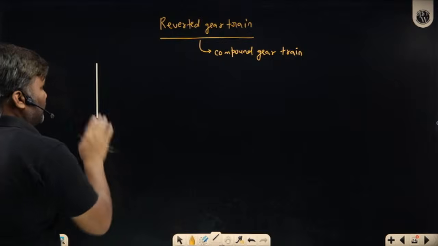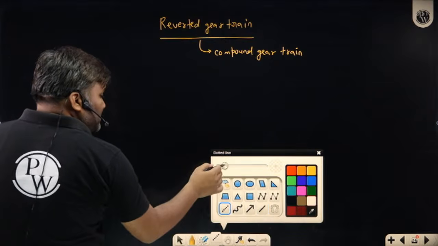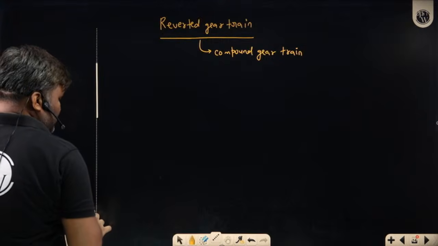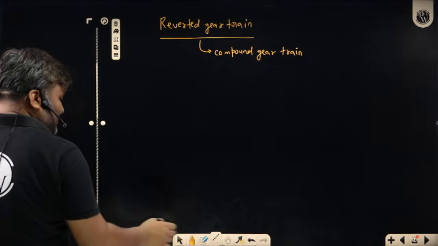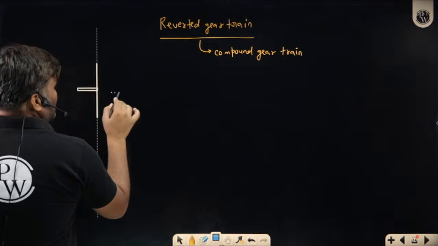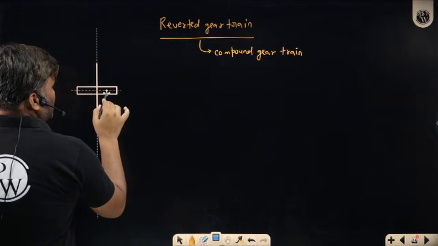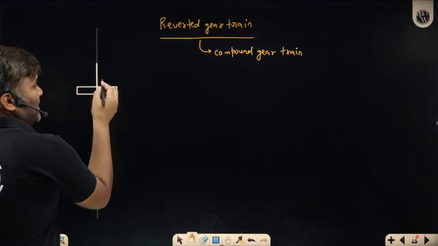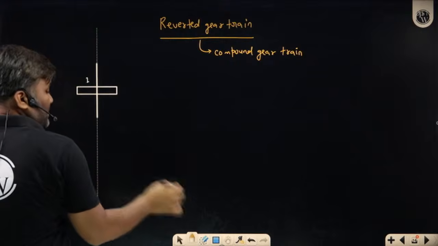Right? So one gear is on this shaft, and this shaft is rotating about this axis. This is the dotted line. I have shown the axis. This is my gear number 1.